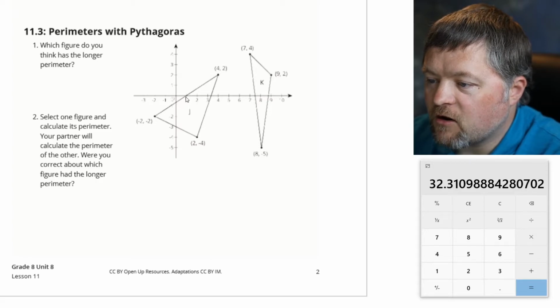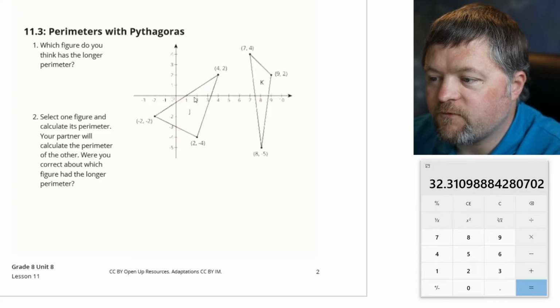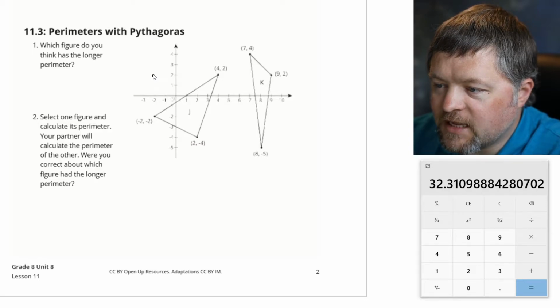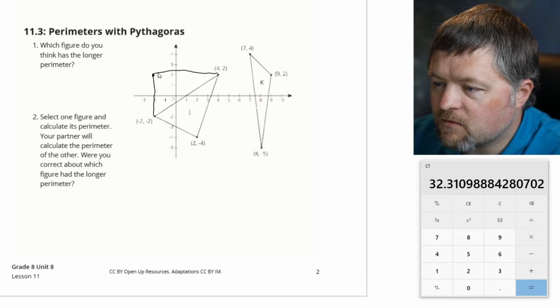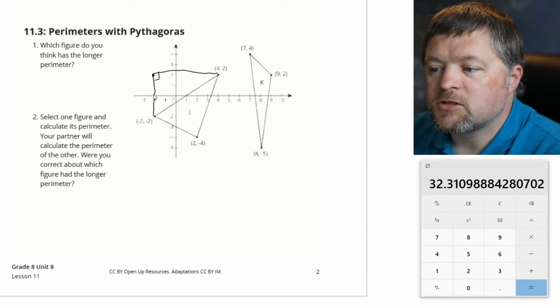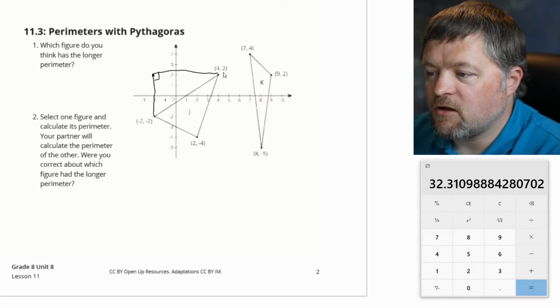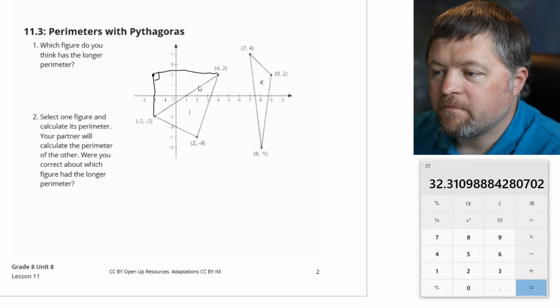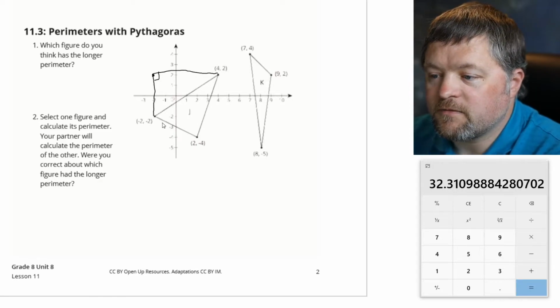If we are trying to find this side first, we can imagine a point over here, straight up from this lower point and straight to the left from this upper point, and create a right triangle.